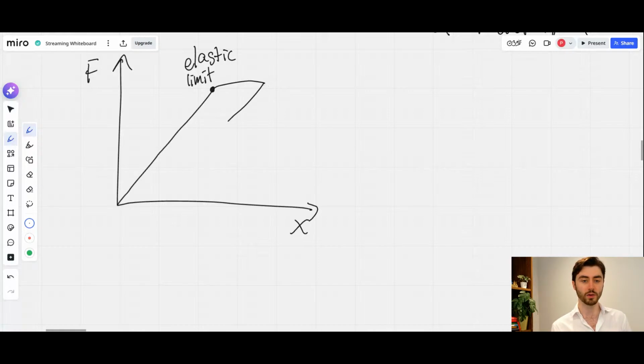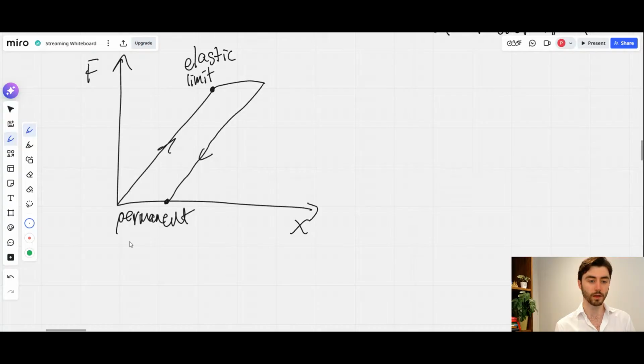And then when you unload it, it tracks back parallel to the original loading curve, and it does not come back to its original shape. This is now a permanent extension. It would really help if I was one of those people with really pretty handwriting, but I am just not.